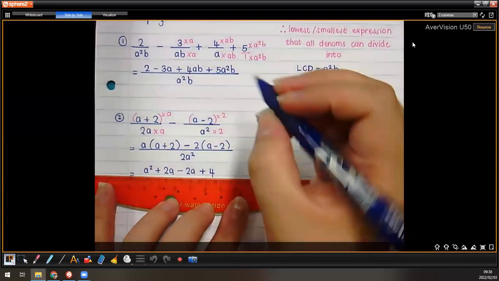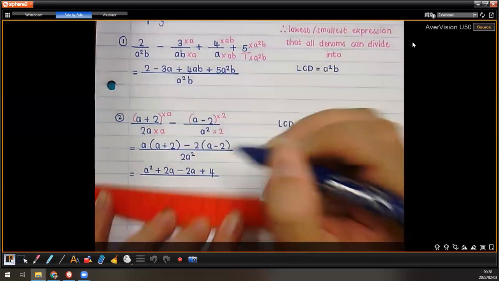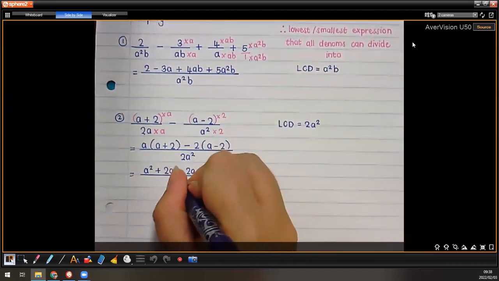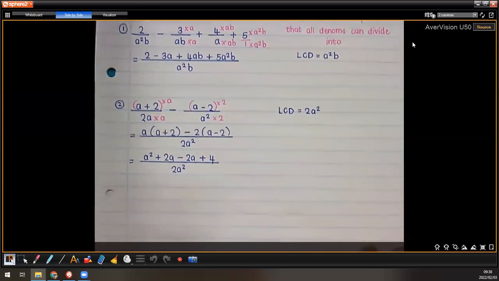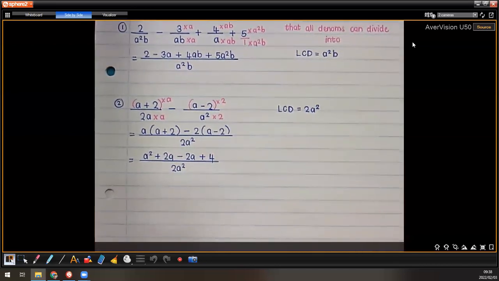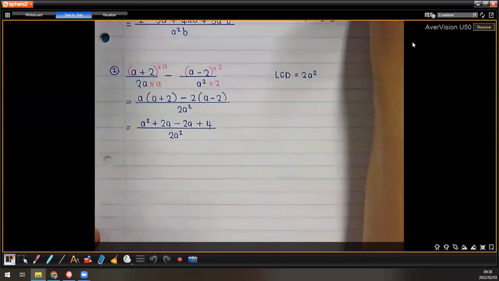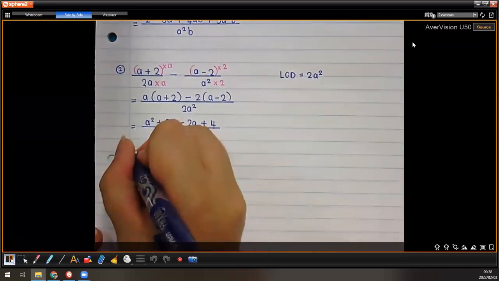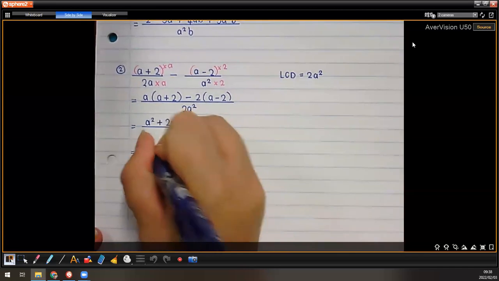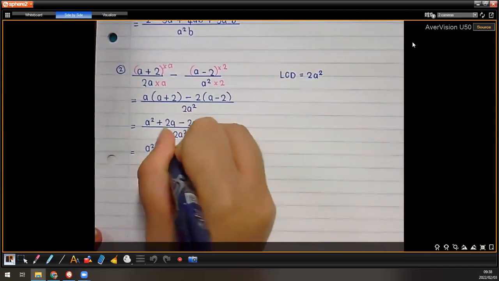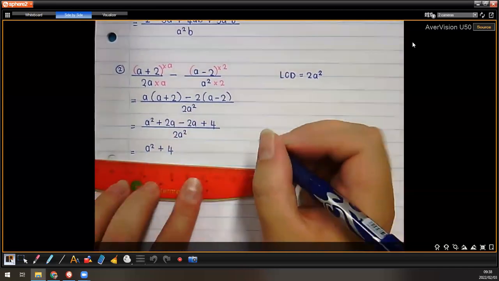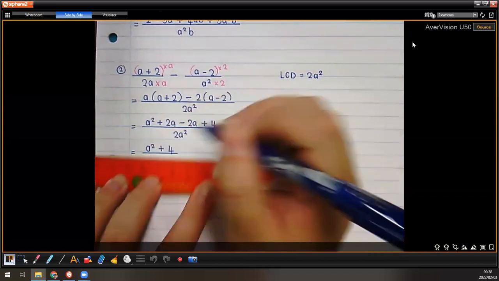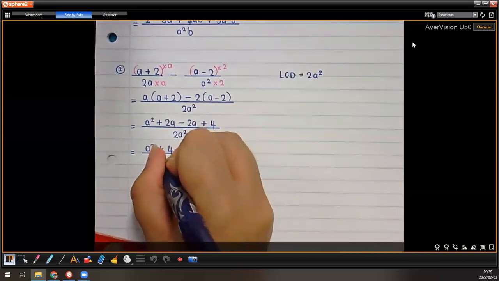And that is still all over 2a squared. Can I simplify that numerator? Plus 2a minus 2a is 0, right? So I'm actually left with a squared plus 4 over 2a squared.